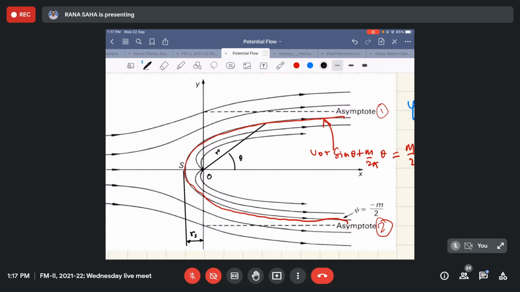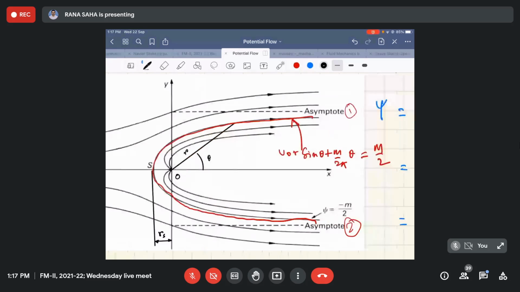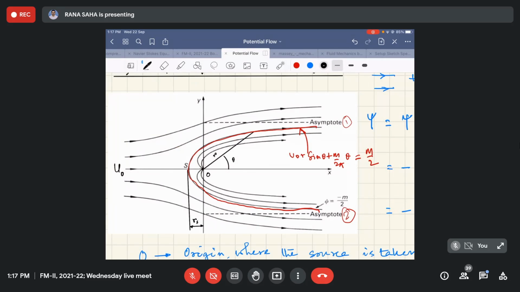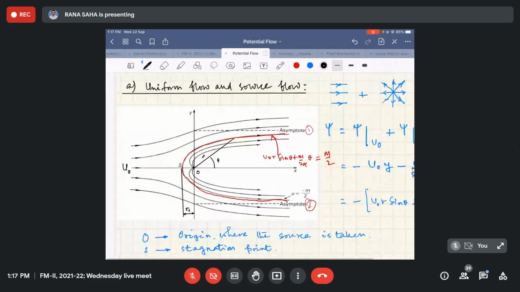There are two asymptotes, and this red one is the streamline that we obtain, which satisfies the stagnation point. And the value of that particular stream function is plus minus m by 2. So if you solve this particular streamline, it is approaching those asymptotes towards infinity.